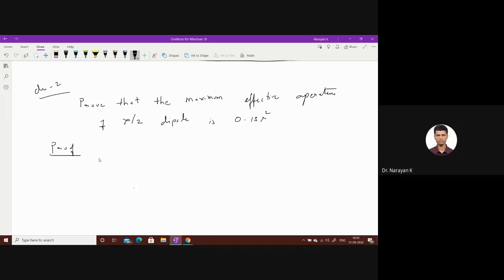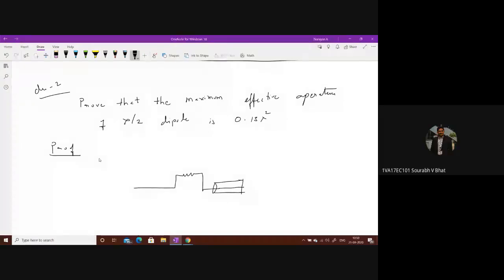Please draw this diagram. Saurabh, what do you understand by the term dipole? Dipole basically means there are two poles. Excellent.